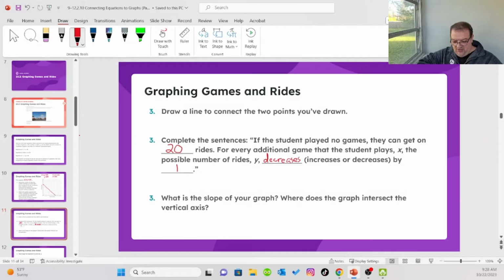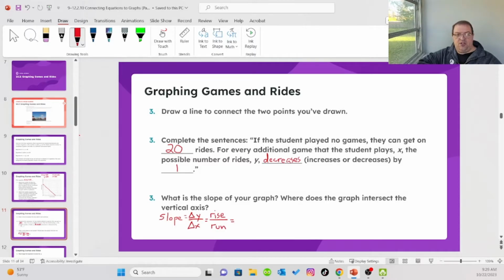So if we say slope, that is change in the y direction over change in the x direction. You also may have heard of rise over run.